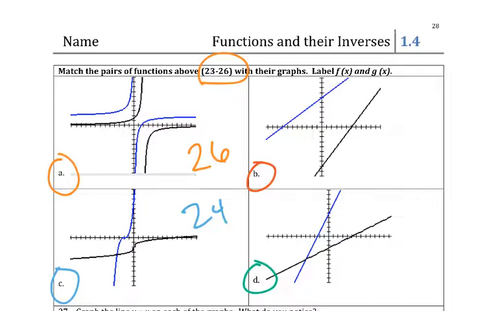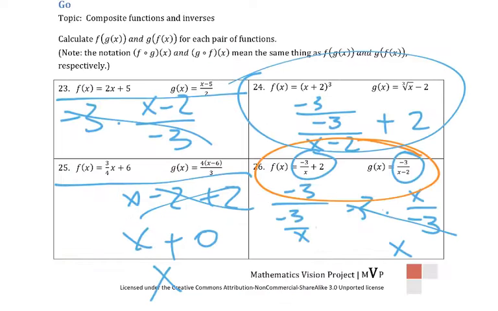So B and D. Okay, how are we going to check these ones? Well, let's try y-intercepts. So that y-intercept would be negative 1, 2, 3, 4, 5, 6, 7, 8. Negative 8. And this y-intercept would be 1, 2, 3, 4, 5, 6. 6.